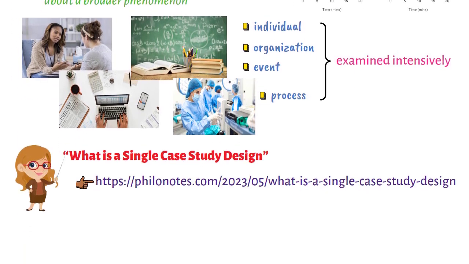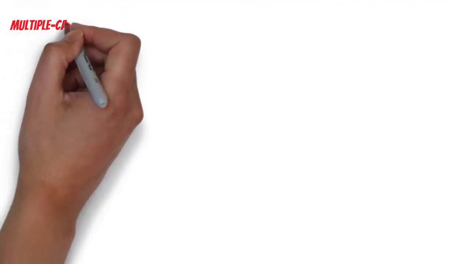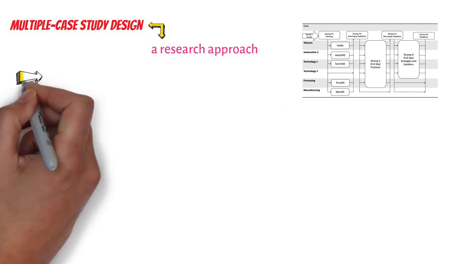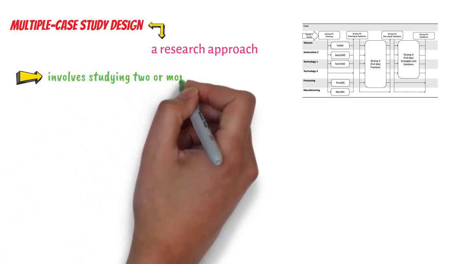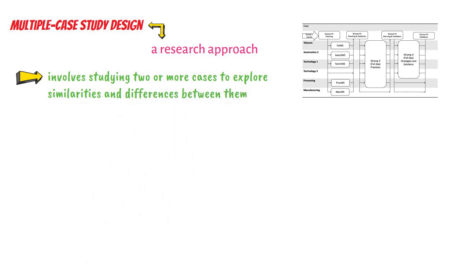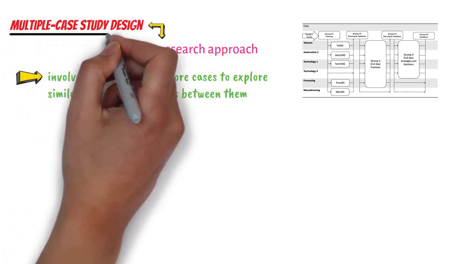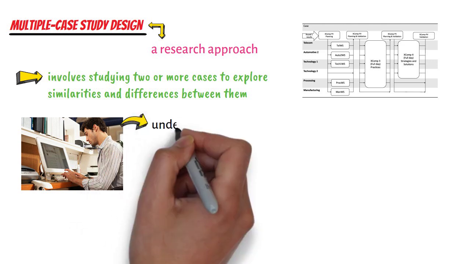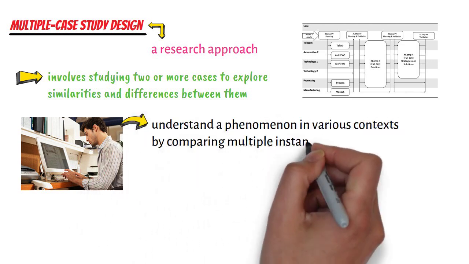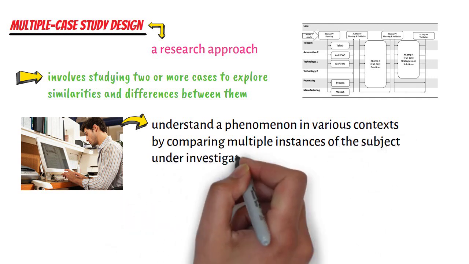The second type is multiple case study design. A multiple case study design is a research approach that involves studying two or more cases to explore similarities and differences between them. This method allows researchers to understand a phenomenon in various contexts by comparing multiple instances of the subject under investigation.